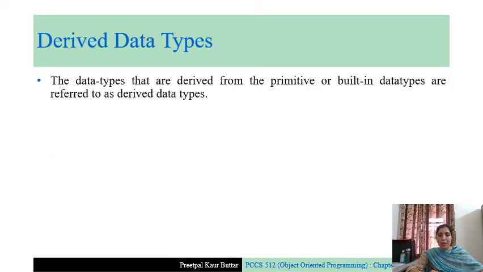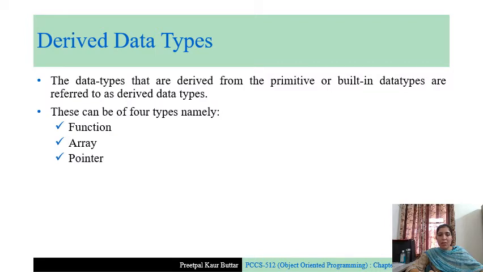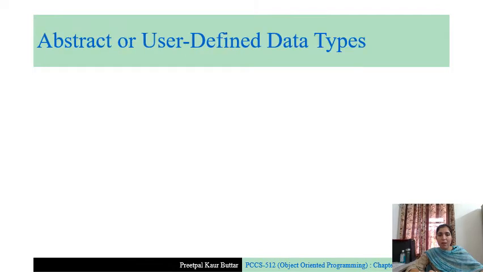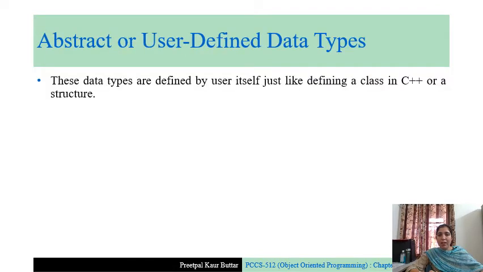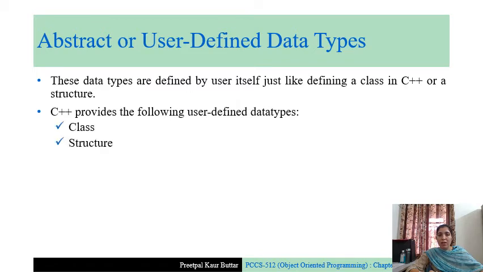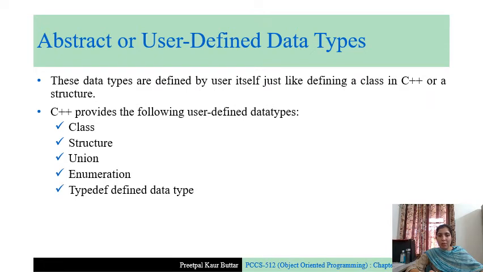Derived data types. The derived data types are derived from the primitive or built-in data types. The derived data types are functions, arrays, pointers, and references. Abstract or user-defined data types are defined by the user, just like defining a class or a structure. The user defined data types include class, structure, union, enum, typedef.